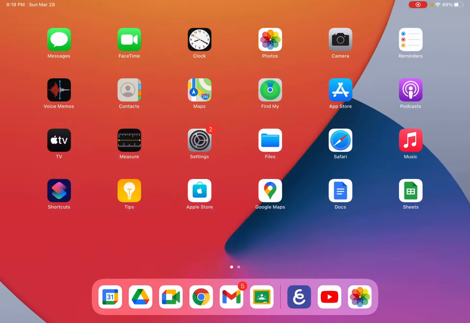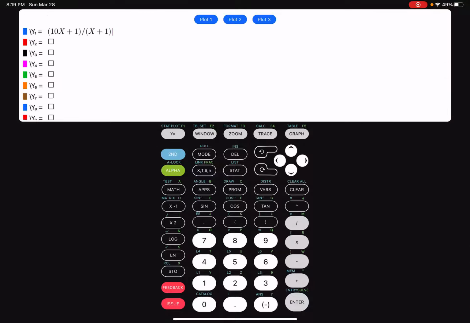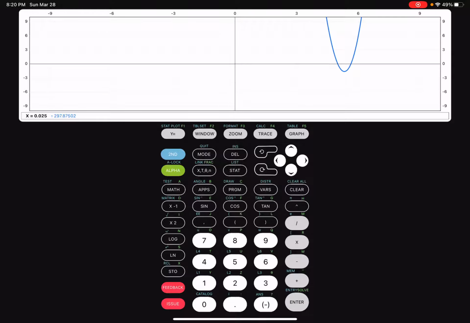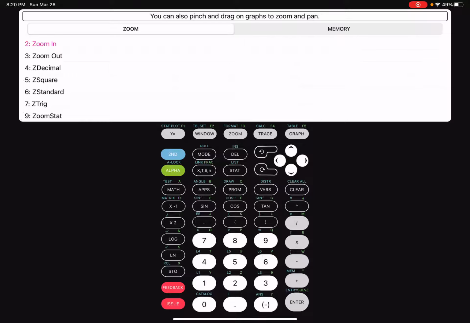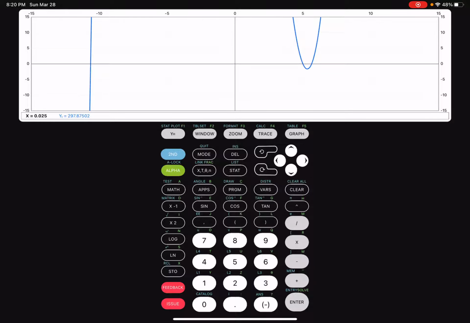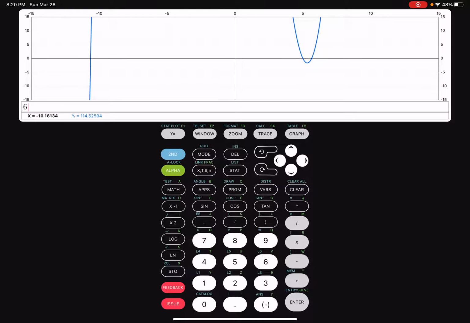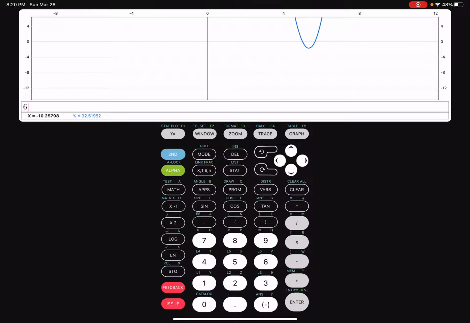So to do that, on a graphing calculator, we would type x cubed minus 85x plus 300, graph. So if we zoom out, we can see there's 3 solutions, but this solution over here on the left is negative. You can't have negative length, so it's these 2 solutions that we're looking for.